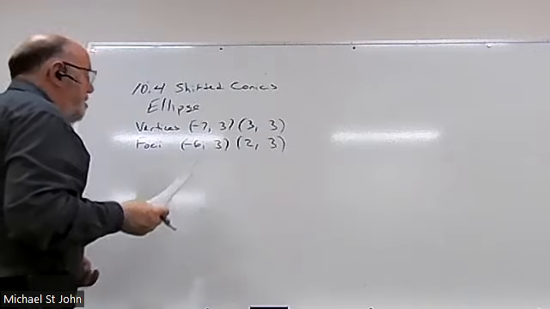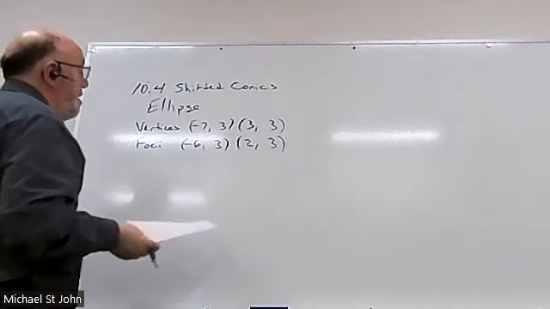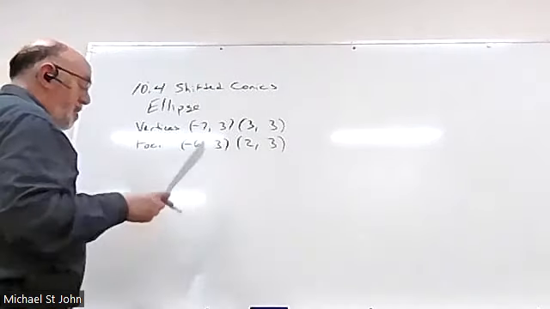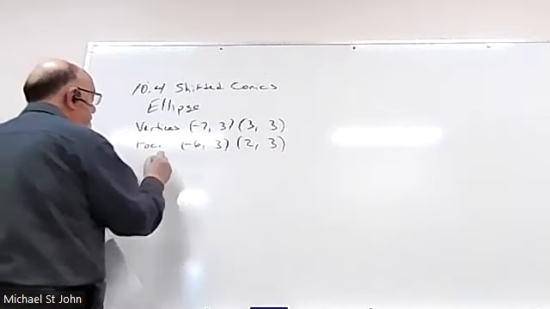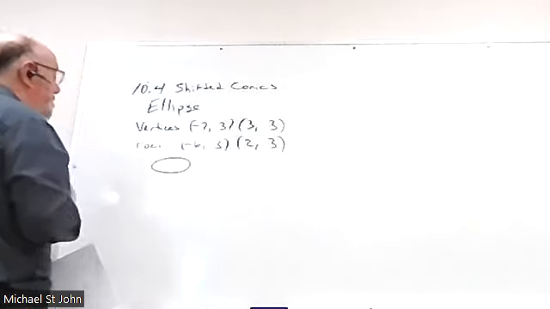That's our given. Now we can see here that the y coordinates are all the same, which means this is going to be an ellipse running in that direction.